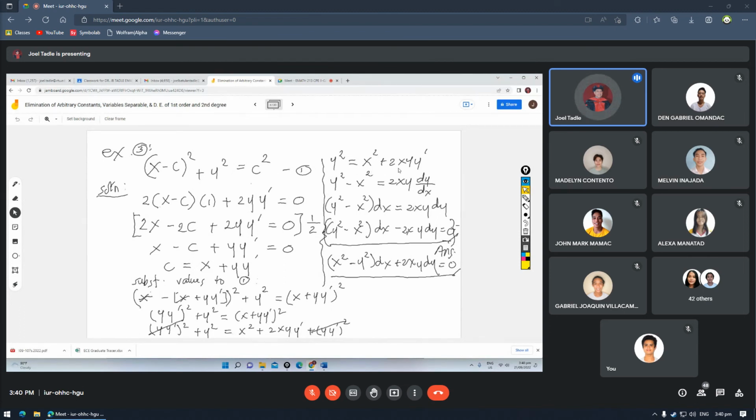So kanin siya din karon. Kung ato ni siyang gamitan og differential form, ato ni siyang i-change ang y prime to dy over dx. Pero kung dili ka maggamit og differential form, mo answer ka ingon ani na lang sama sa atong answer sa example 1, 2. Pwede ra sad, no?